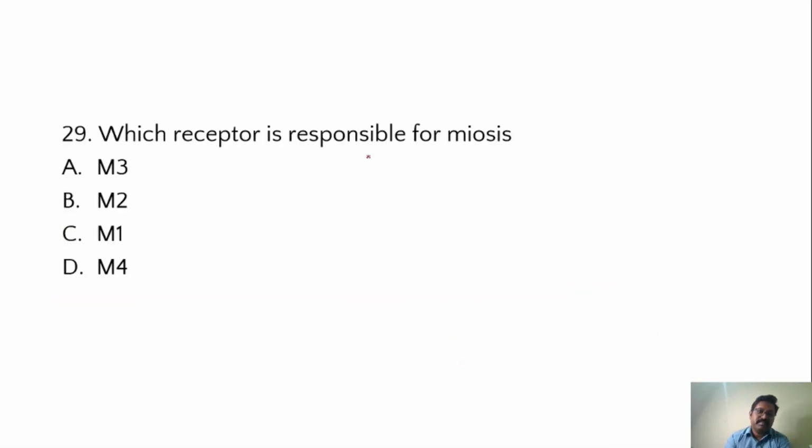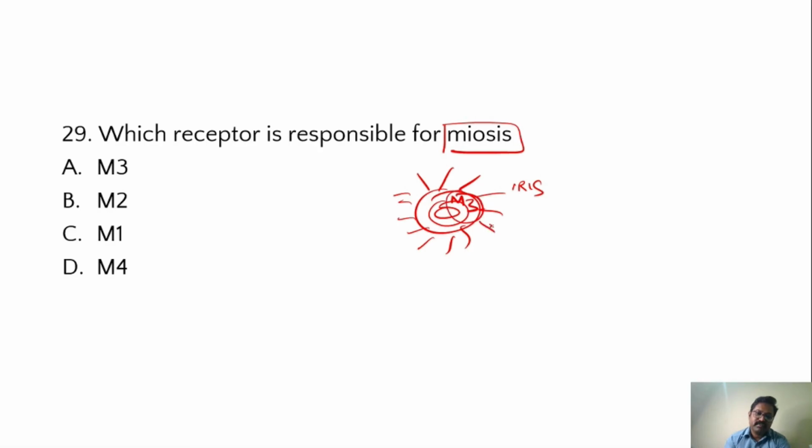Next, which receptor is responsible for miosis? So miosis is mainly due to the circular muscle fibers of the iris muscle. Circular muscle fibers contain M3 receptors. Activation of these M3 receptors will cause constriction of the pupil, which is miosis.